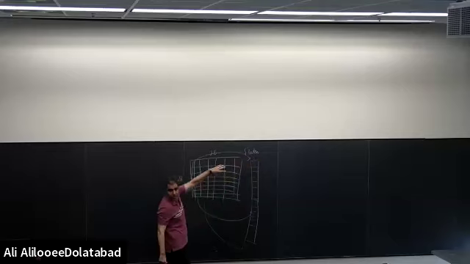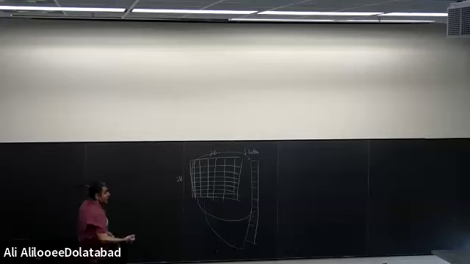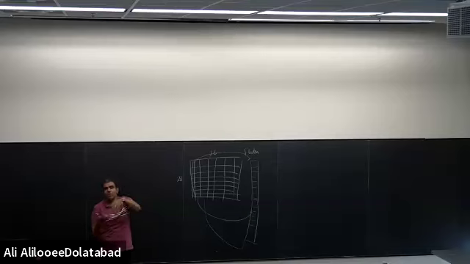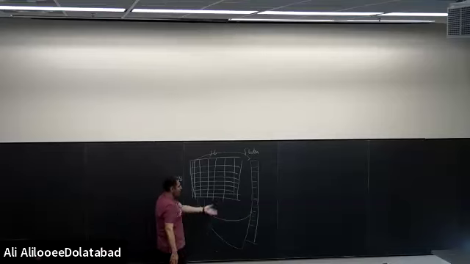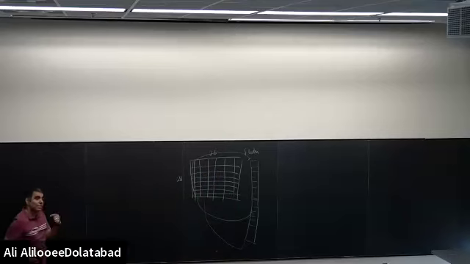Make sense? When you are doing homework, remember that you should do exactly the same thing if your input is a picture. If your input is not a picture, it's not necessary. If your input already is a vector, then you already have a vector. If your input is not a vector, you should do this.